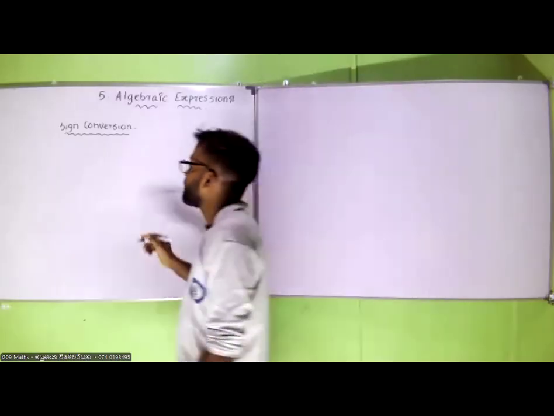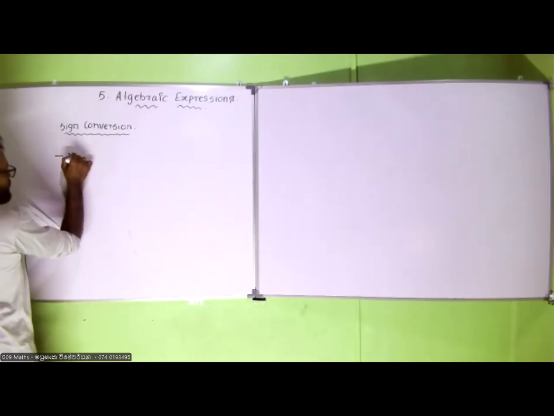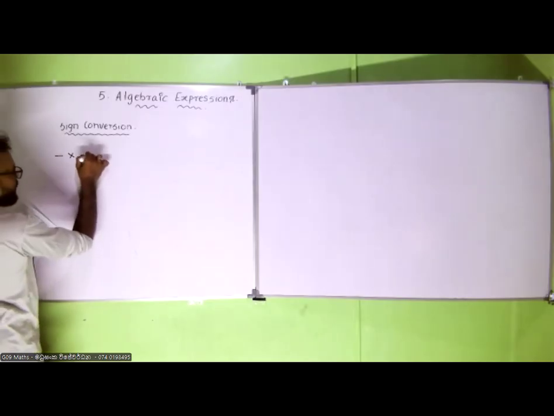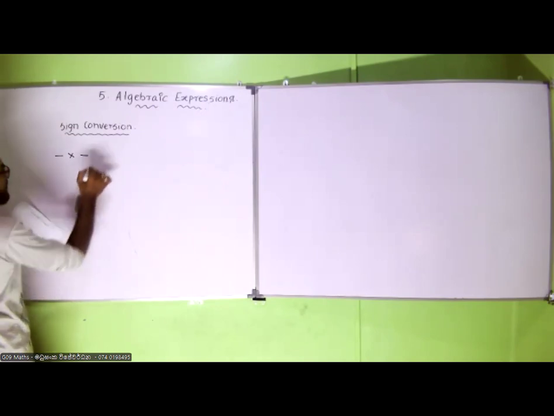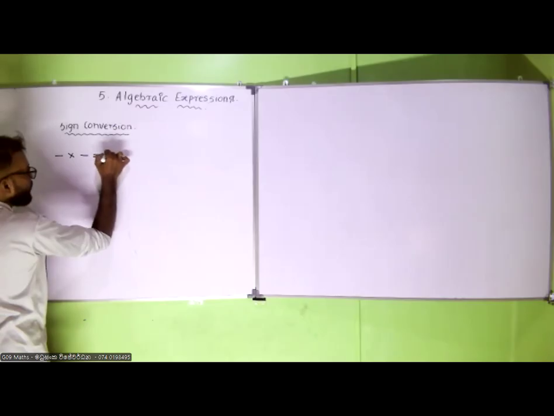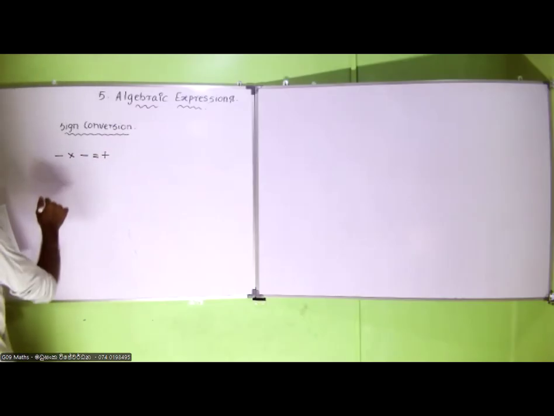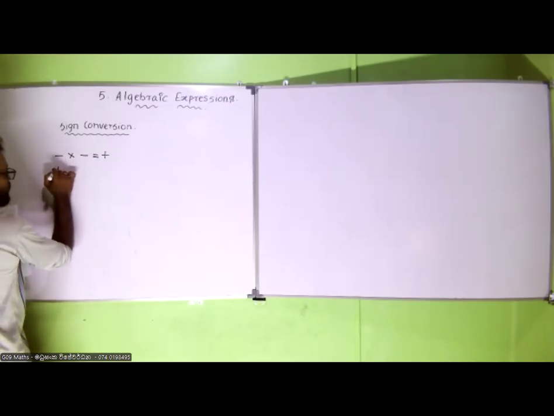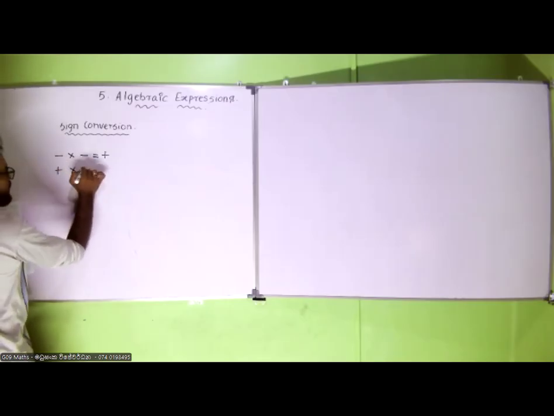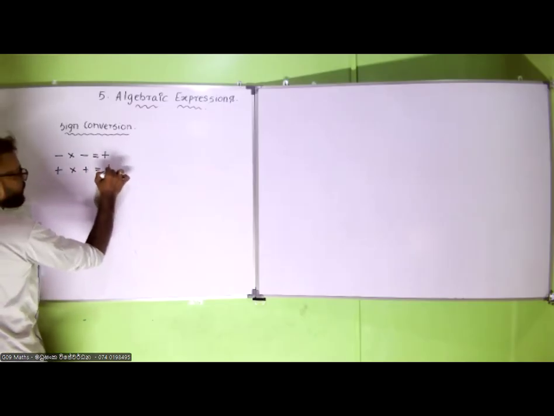Let's write it down. Negative number multiplied by a negative number, result is a positive number. Then positive number multiplied by a positive number, result will be a positive.